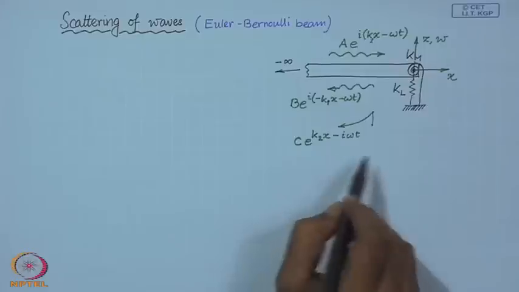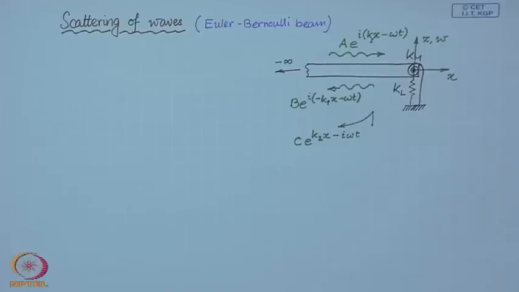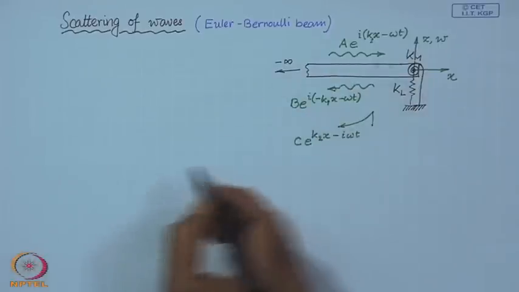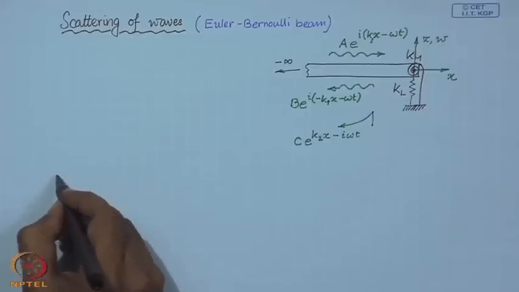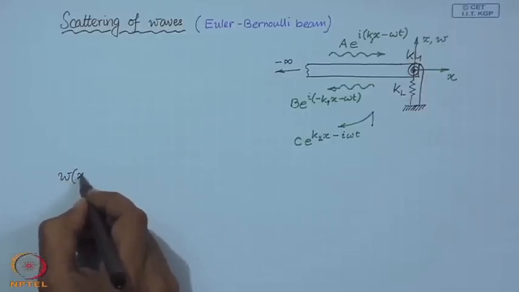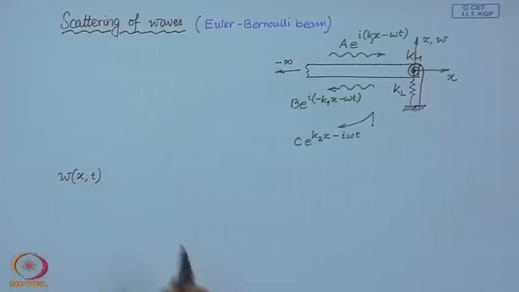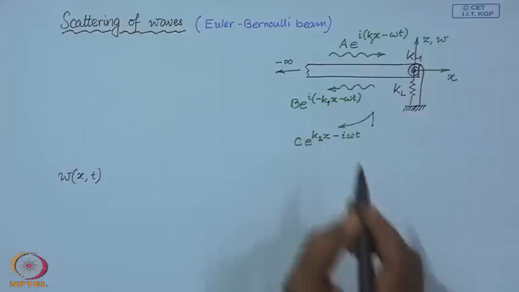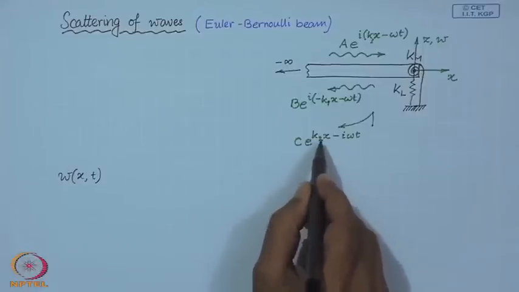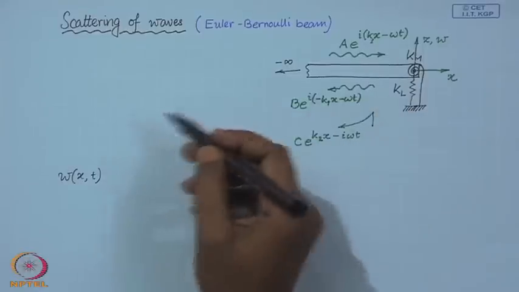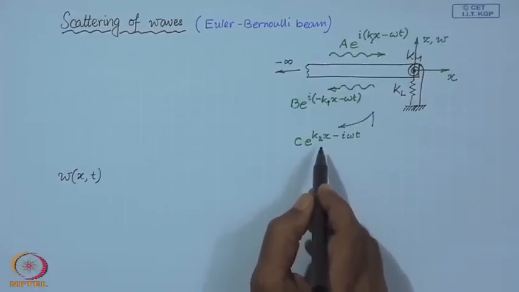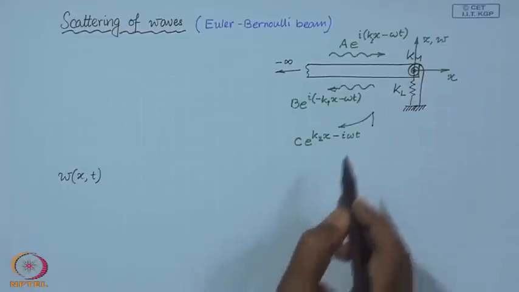Now, therefore, the total wave field in the beam. You will not have an evanescent wave with negative x, since as the beam goes up to minus infinity, such a wave would diverge.